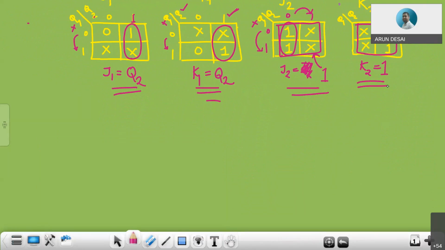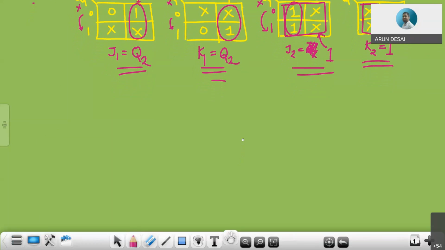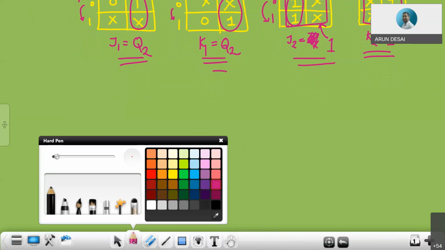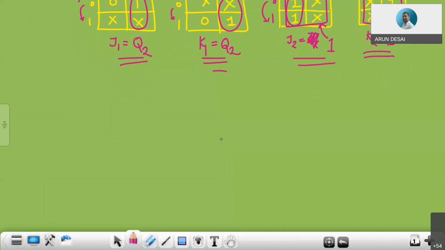So we can now draw a circuit, right? In my counter, we require 2 flip-flops.